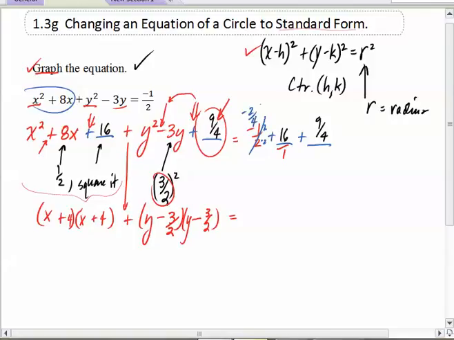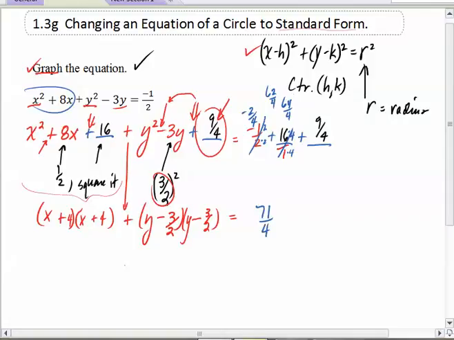And then we're going to have this times 4 times 4. So this is going to turn into 64/4. And then I have the 9/4. Now, if I combine all those fractions, I have the -2 and the 64 is going to be a 62/4 plus 9/4 is going to be 71/4.